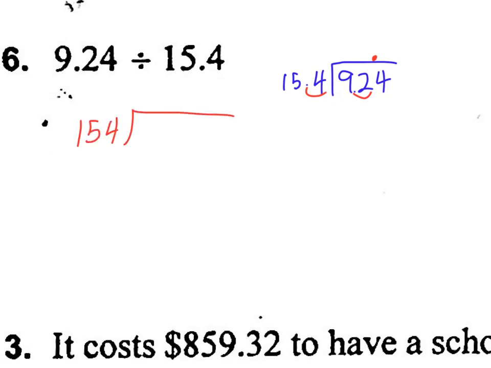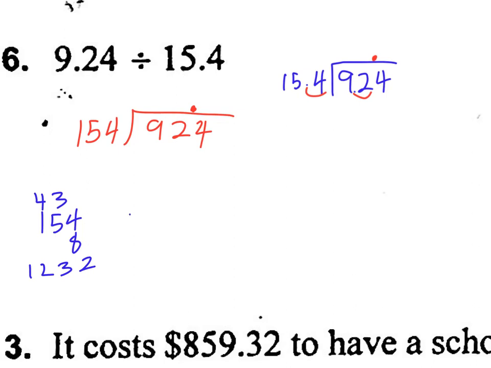154 goes into 924, and my decimal is going to go right there. Now, let's solve it. Well, how many times does 154 go into 924? Well, I'm just going to guess 8. Let's see what I get. 32, 43, 1. Oh, that's way too much, isn't it?